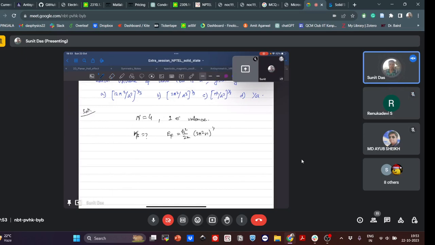So this is ħ² by 2m (3π² N/V)^(2/3), right?